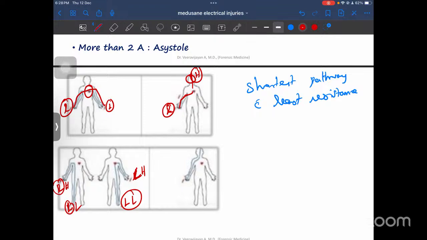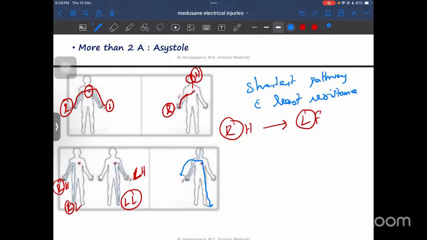So among these, the shortest pathway may differ, but the lethal pathway is right hand to left foot. This is the most dangerous pathway. Right hand to left foot. I draw here. Right hand to left foot. The reason is this is the longest pathway.